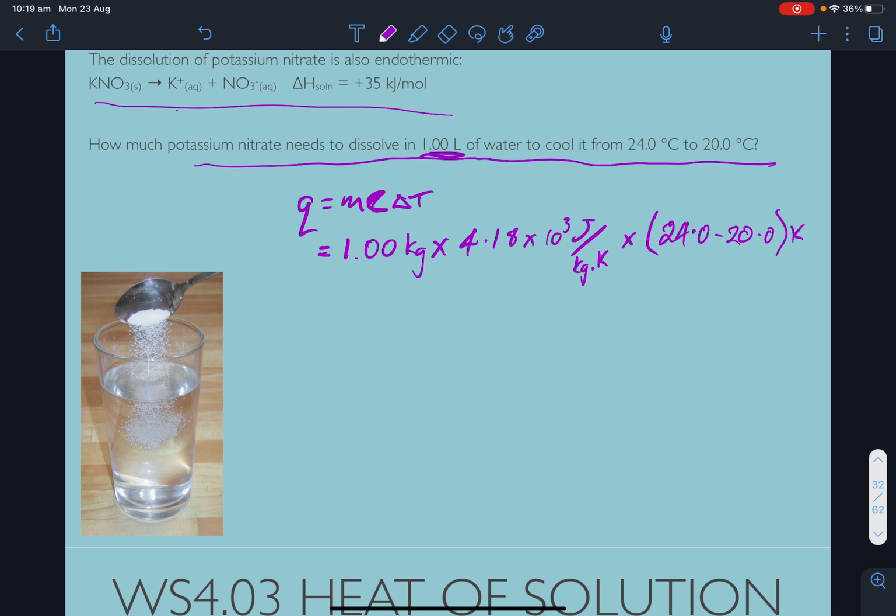So the heat that we need to cool this from 24 to 20 equals 1 times 4.18 times 10 to the 3 times 4 Kelvin, which equals 16,720 joules.